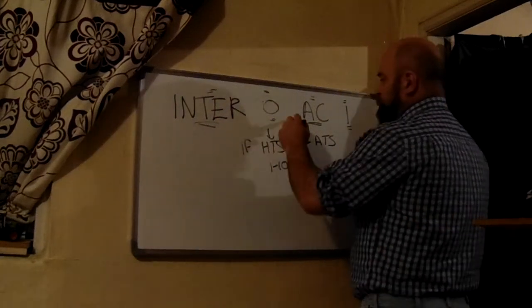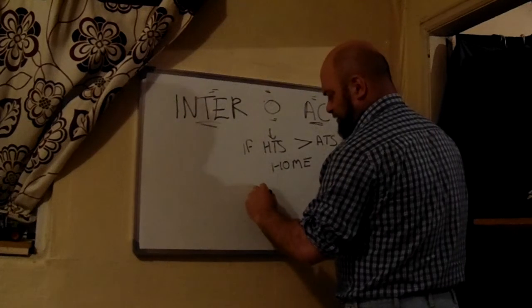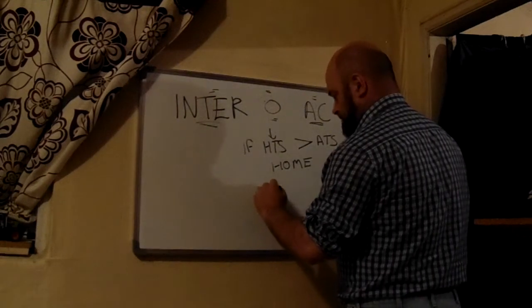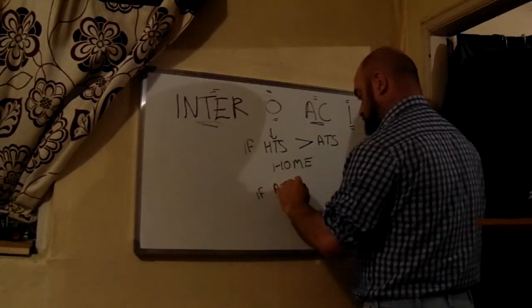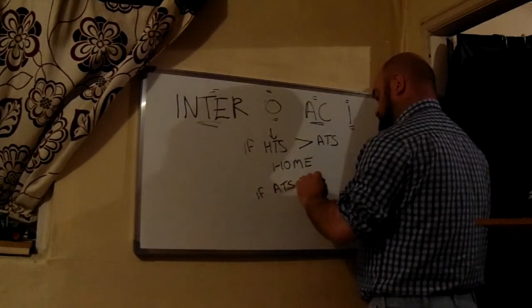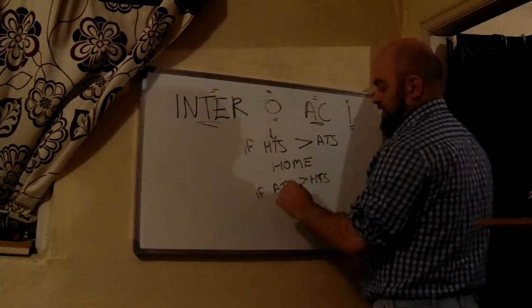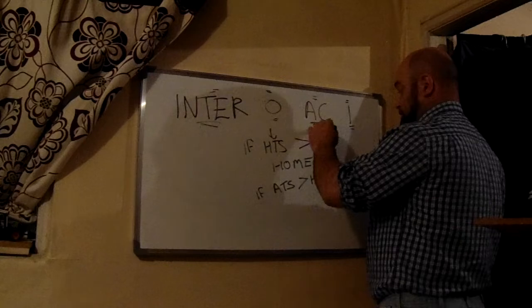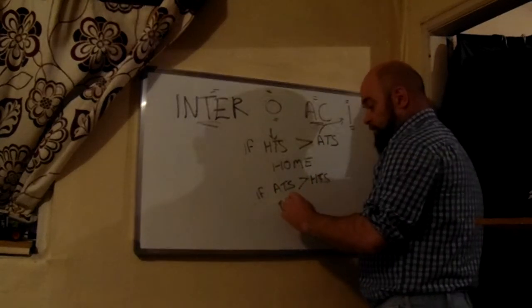But what we need to do to cater for this scenario is put in another if: away team score, ATS standing for away team score, is greater than home team score, HTS, and then we'd say away.